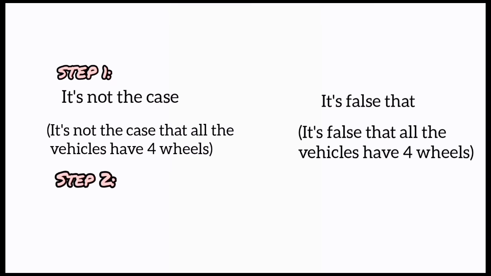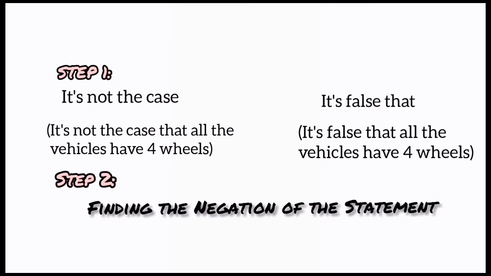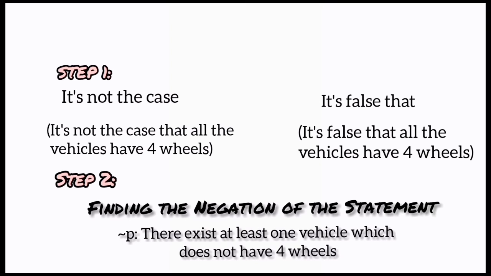Now we come to step 2, that is finding the negation of the statement. The two statements above imply that there is at least one vehicle which does not have four wheels. So the correct way of writing the negation of such a statement is there exists at least one vehicle which does not have four wheels.